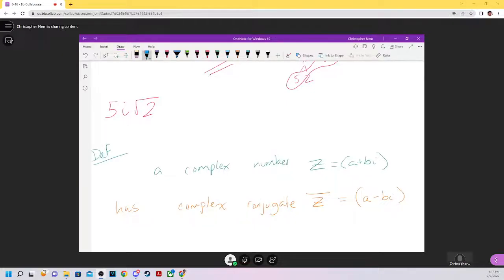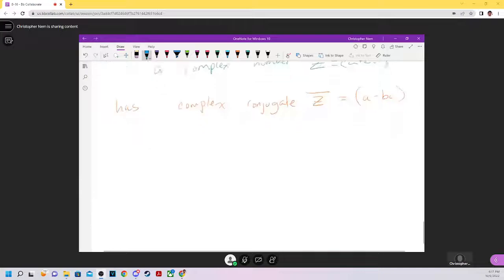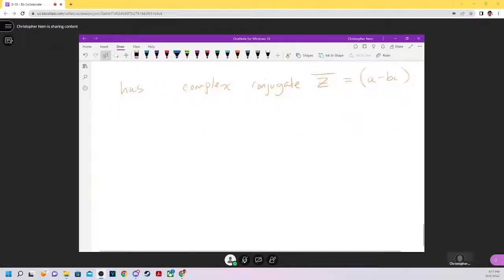Why is this important? Well, now we get into the meat of everything we've been talking about. I've already hinted towards this a lot, but this is called the Fundamental Theorem of Algebra. Now, some books state the Fundamental Theorem of Algebra differently from our book.